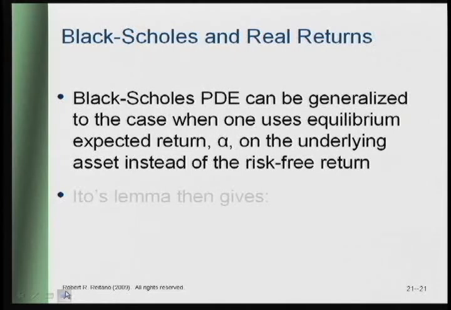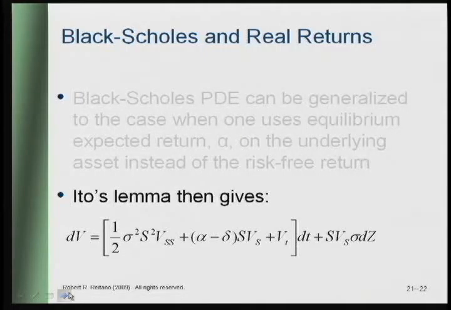So what we'll begin to do is looking at how to generalize this partial differential equation, starting with a stock that explicitly reflects the return of alpha that the stock earns. And we do that, of course, applying Ito's lemma, where we assume that S satisfies geometric Brownian motion with the real-world parameters.